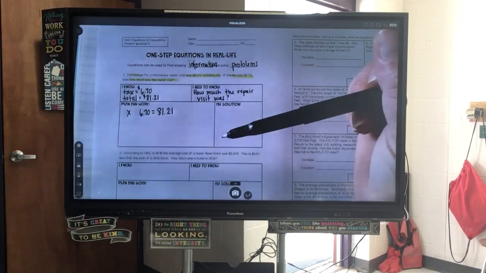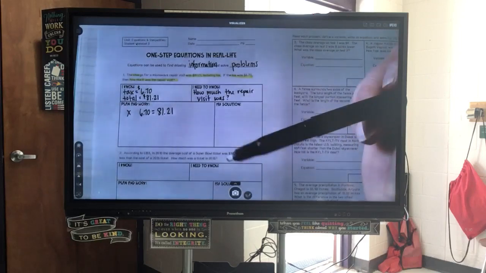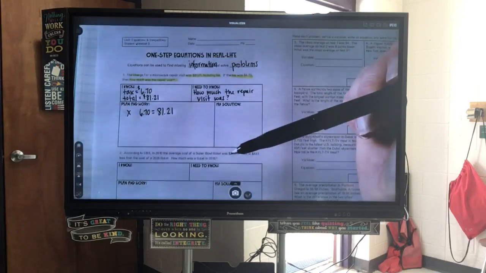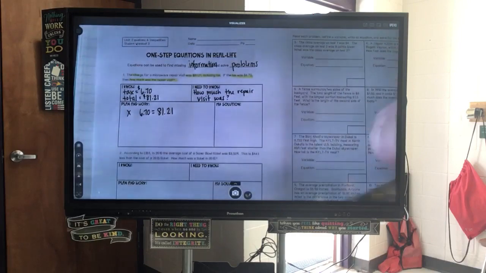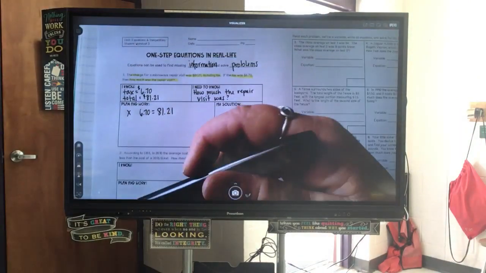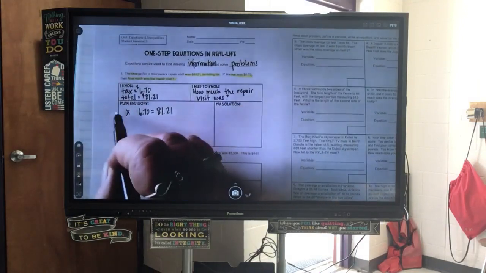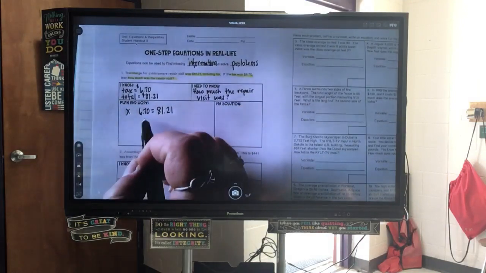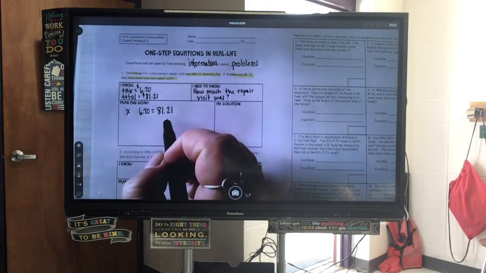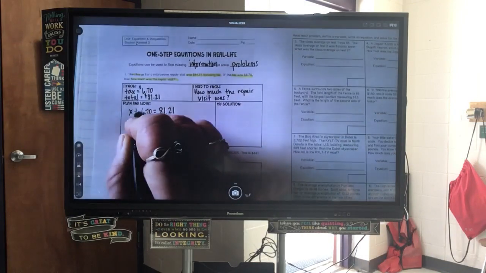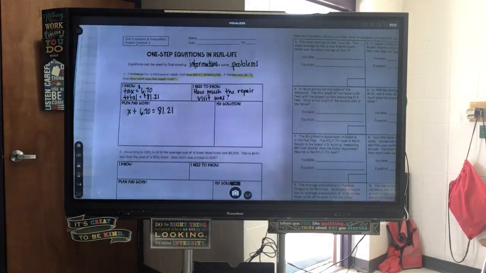So, those of you who said subtract, technically you are kind of right, because that's the process we're gonna do to find what X equals. But our original problem, because we're looking for the cost of the visit plus the tax, which gives us the $81.21, right? So here it's gonna be plus in our original.